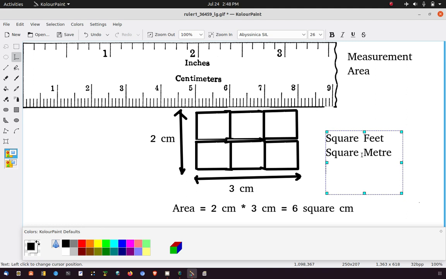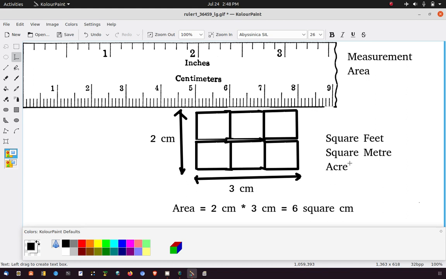Another unit of area that they use is the acre. You might have a quarter acre of land, half acre, 1 acre, and so on and so forth. 1 acre is a little more than 40,000 square feet.